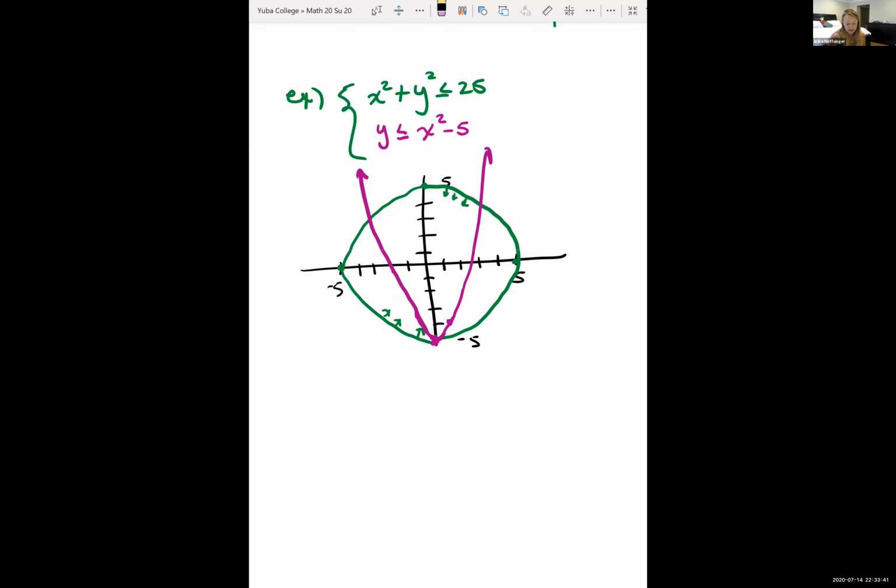Okay, so looking at this tells me it's everything that is less than or equal to x squared minus 5. And so if I didn't know, I would choose a point where to shade. So if I chose 0, 0, is 0 smaller than 0 minus 5? It is. So I'm going to shade everything for this parabola inside.